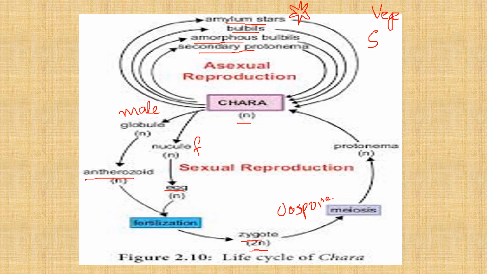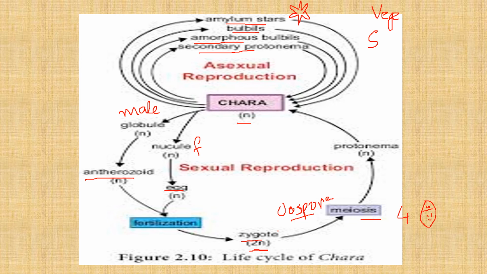Once the oospore is formed, that is, the thick wall is formed around the zygote, it undergoes meiosis, and of the 4 cells formed, only 2 remain. The cell is divided in such a way that there is a single upper cell with a single nucleus and a lower cell with 3 nuclei.